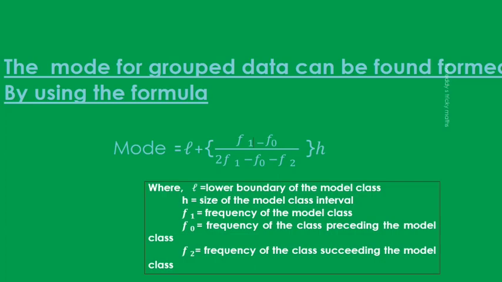Next we go to the formula to find the median. Median is one of the important measures of central tendency. It gives the accurate value. That's why we always prefer median.